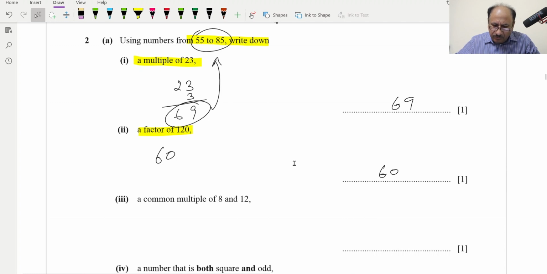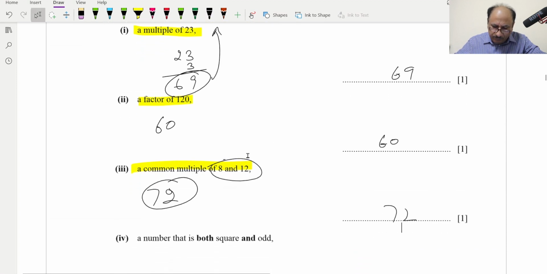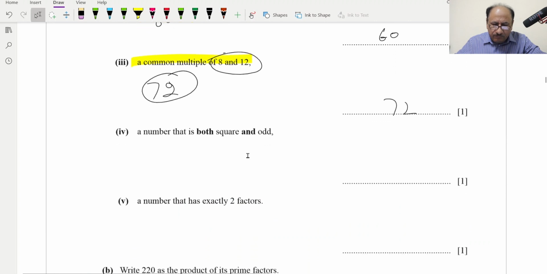A common multiple of 8 and 12. 72 is divisible by both 8 and 12, so this will be the common multiple of 8 and 12, which is again in between 55 and 85, so our answer will be 72 over here. Then next comes a number that is both square and odd.